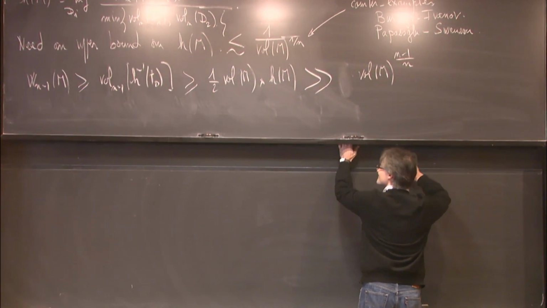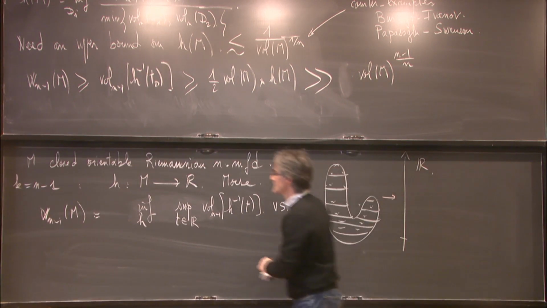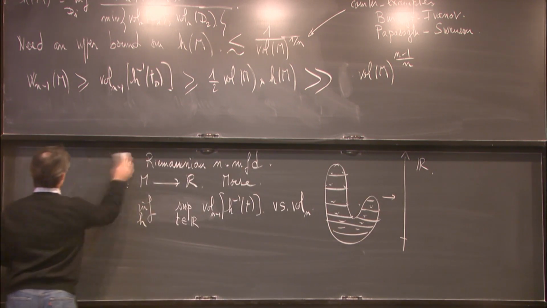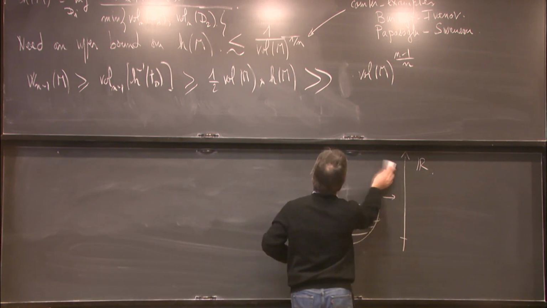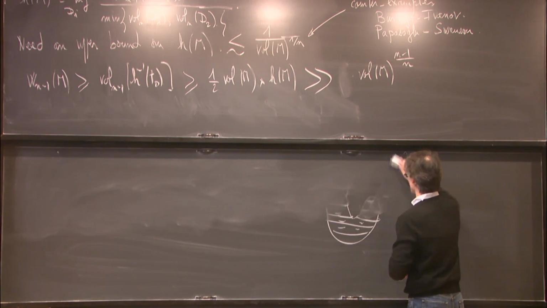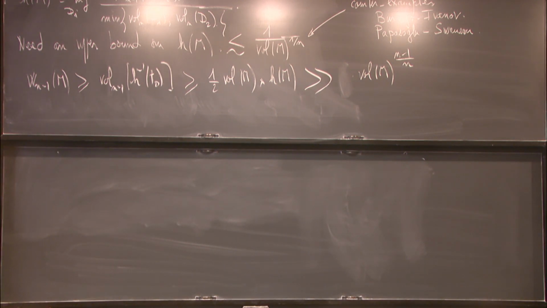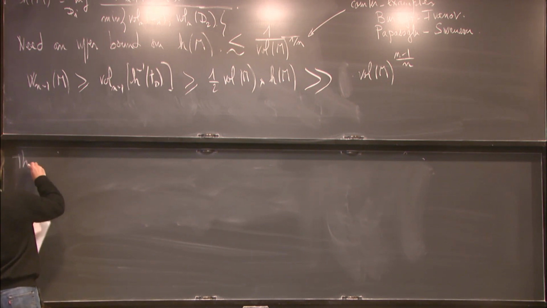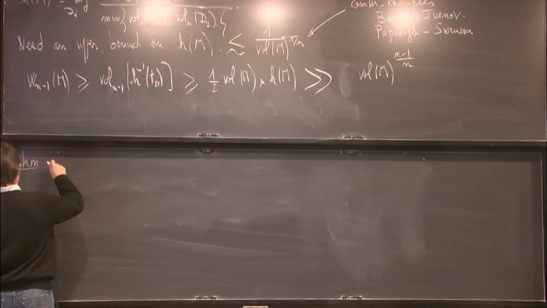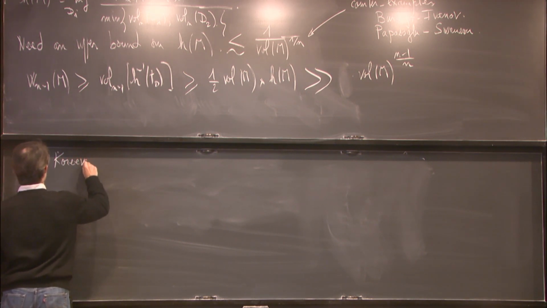So we need some restrictions on the metric in order to ensure that this upper bound is satisfied. And one way to do that, because we have this theorem, is to consider the Ricci curvature. So we have this theorem, which is due to Buser.